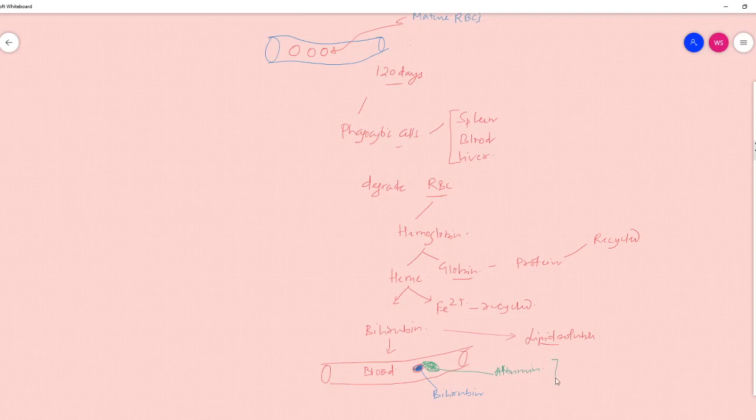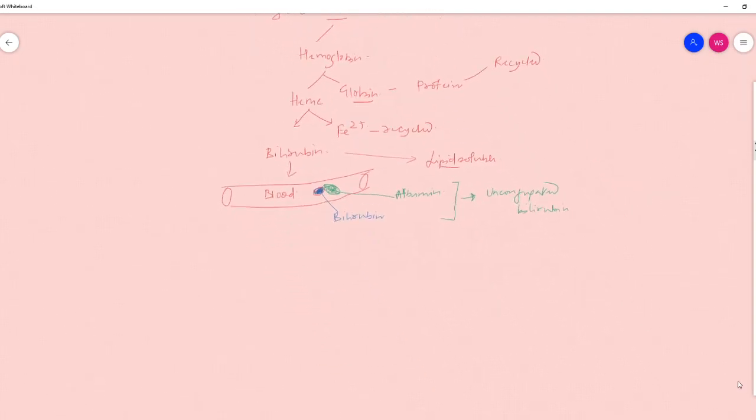Okay, so this complex of albumin and bilirubin inside the blood, we call this unconjugated bilirubin. Okay. So this combination is now carried to the liver.